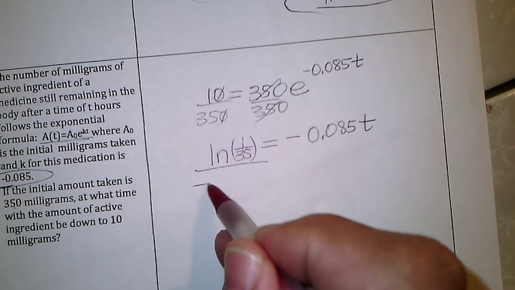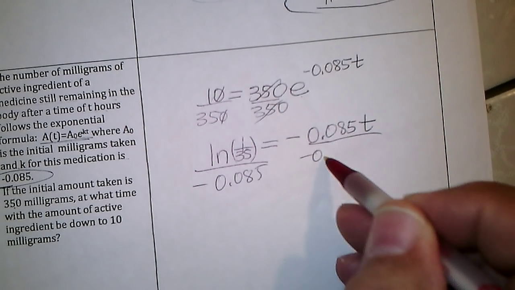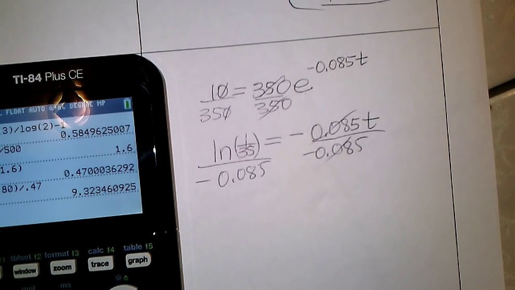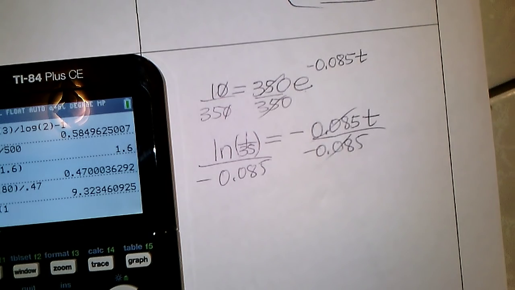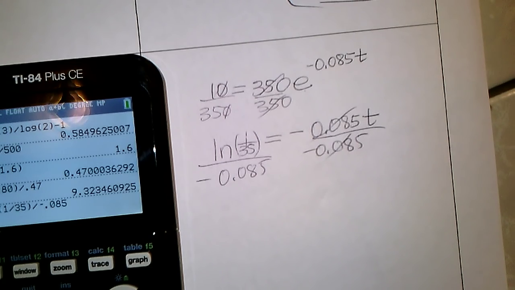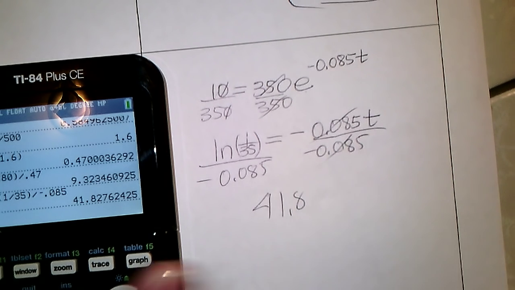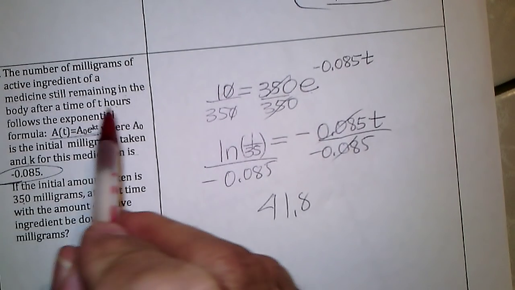So we divide by negative 0.085. And we get the time to be ln of 1 divided by 35 divided by negative 0.085, and we get 41.8, and t is in hours.